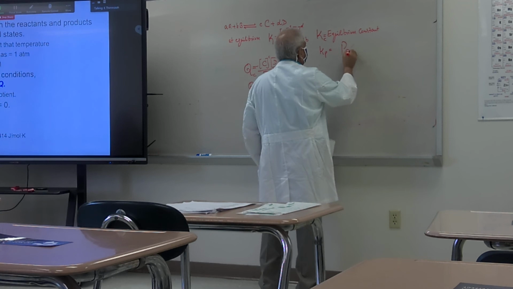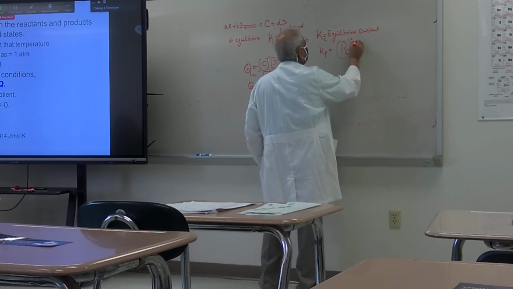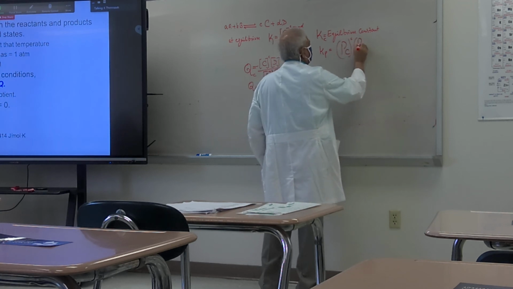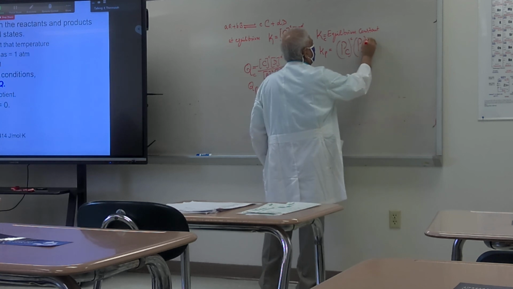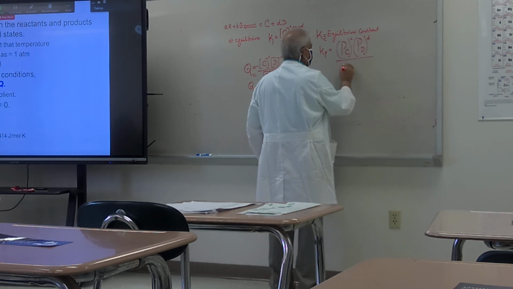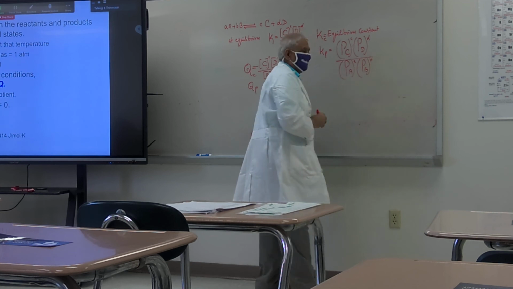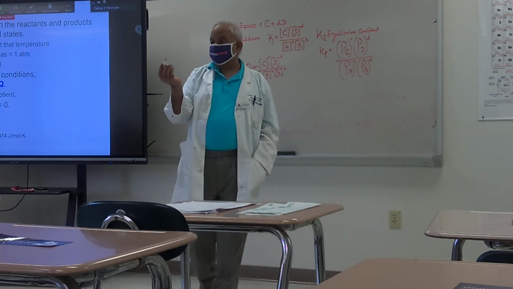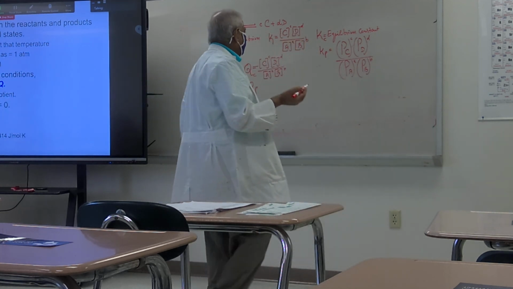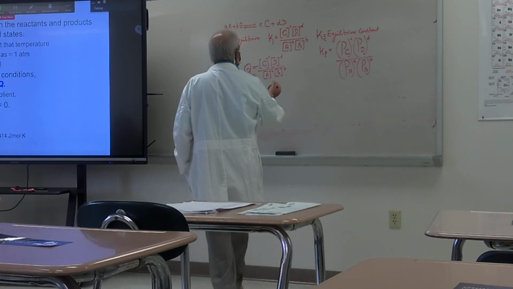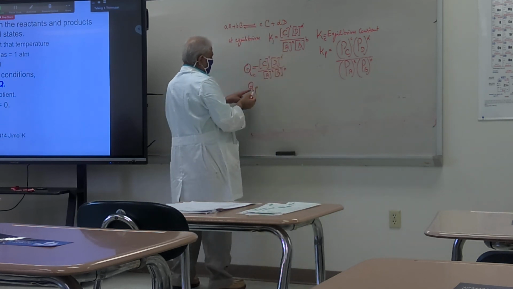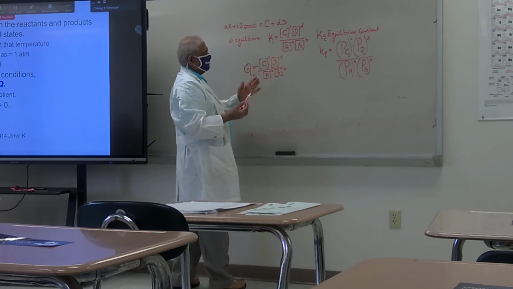For Kp, you write the partial pressure of C to the power of c, partial pressure of D to the power of d, over the partial pressure of A to the power a, and so on, and this is how you write. You also wrote that in the assignment, correct? Similarly, if it is Qp, that's what you are going to write.